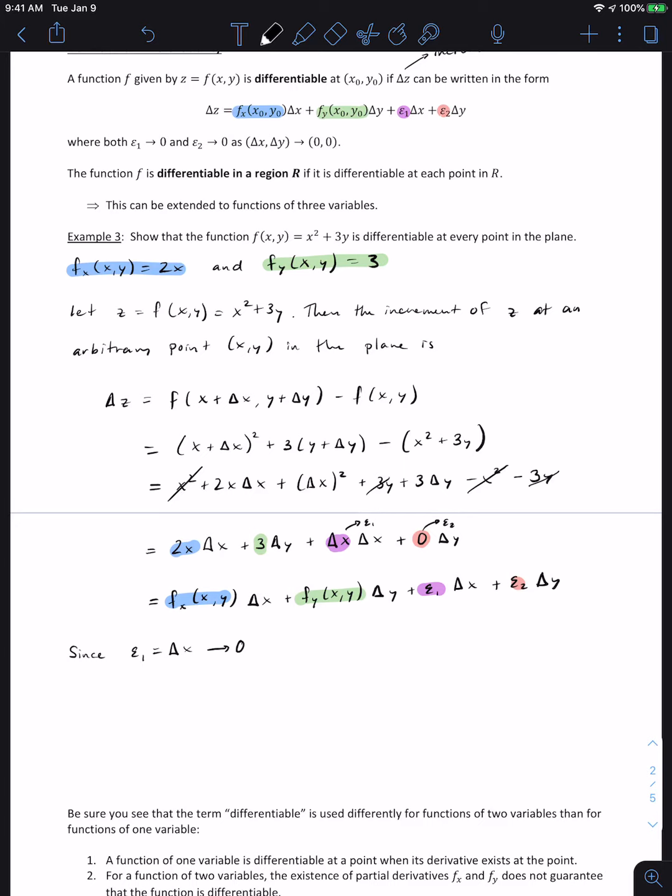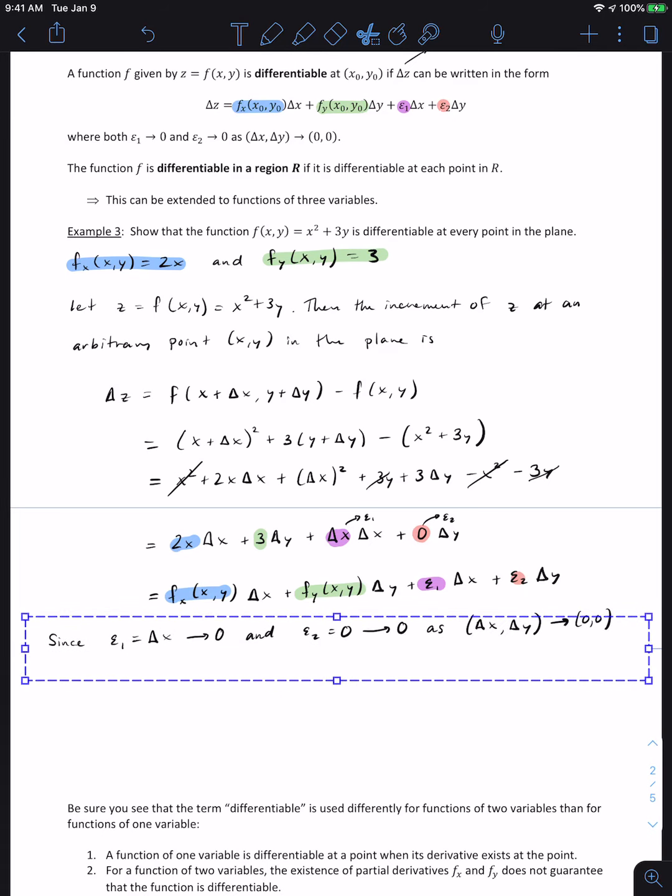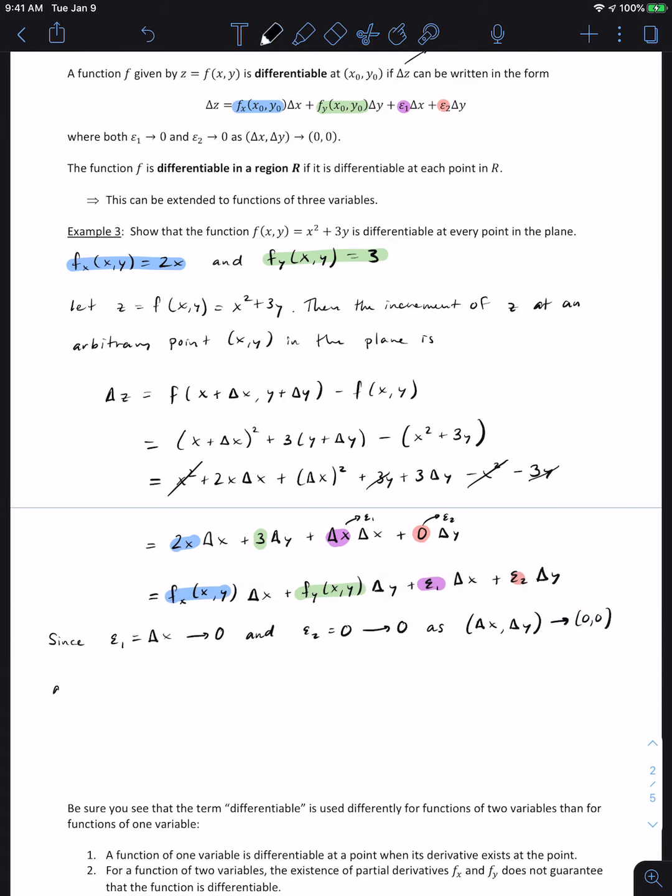So because epsilon 1, which is equal to delta x, goes to 0, and epsilon 2, which is just equal to 0, obviously goes to 0, as delta x and delta y go to the point (0, 0), because that is true, and because it's written in the form that we want, we'll just say that delta z looks like f_x(x, y) delta x plus f_y(x, y) delta y plus epsilon 1 delta x plus epsilon 2 delta y. And again, this was for any x, y.